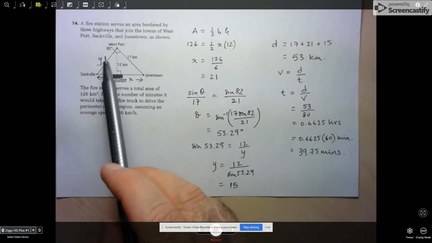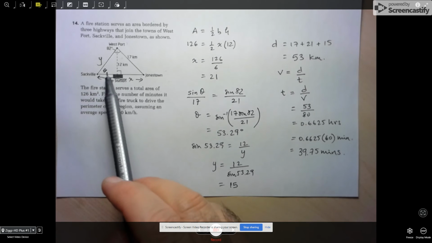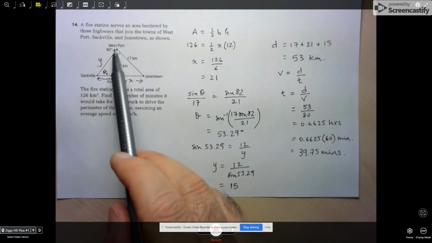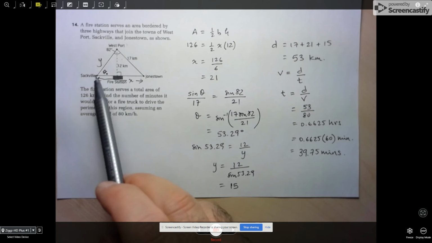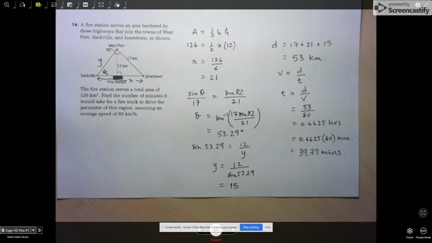Then we realized that we could use sine law on the whole triangle, but first we had to determine this opposite angle to 17, which we did here, and then we could use that angle and this known side length in this right angle triangle to determine the final side of the big triangle, which was 15.